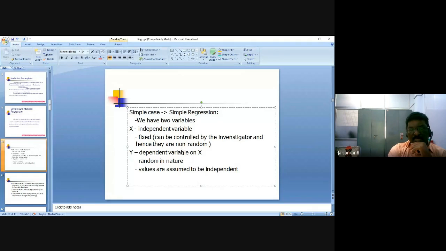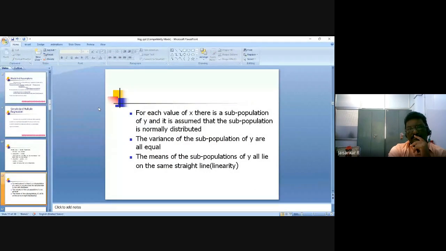But all the problems used in regression may not fit for the correlation coefficient. These things are required for the assumptions to be used for regression analysis.